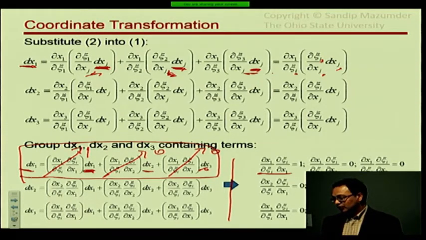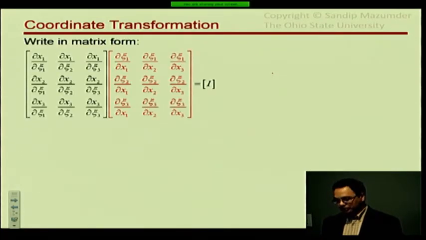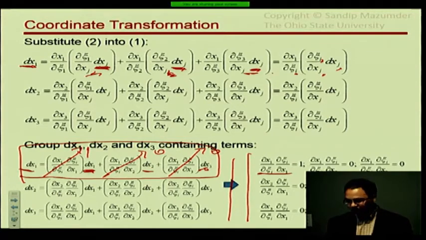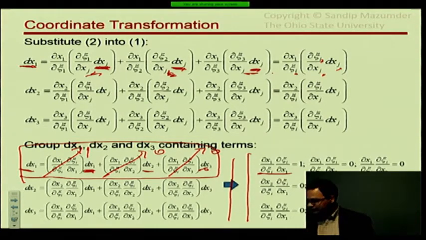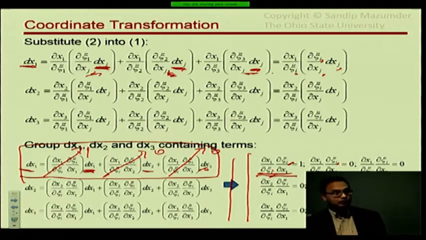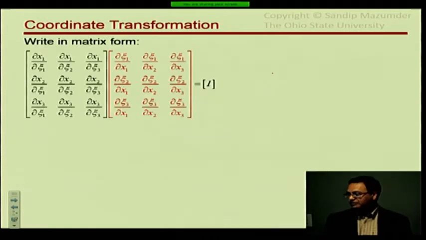Now with those three equations, if I rearrange them and write them in matrix form, again notice this is a tensor summation, so this is actually 3 terms equal to 1 and this is 3 terms equal to 0. If you write it in matrix form, this is what it looks like.